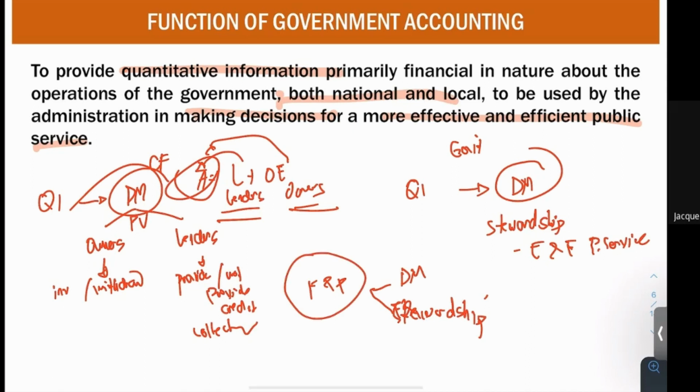And we will look into the process of how these funds or properties go through a particular agency or government instrumentality. So that is the function of government accounting compared to your conceptual framework. In your conceptual framework, it is mainly for decision making, and secondary to it is stewardship of the administration. While for government, it already encompasses both stewardship and decision making.